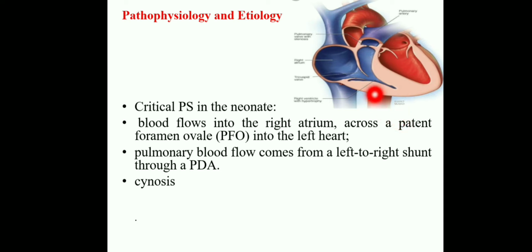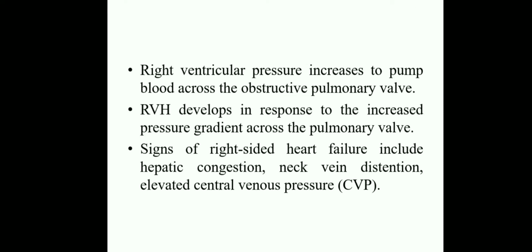In the neonates this is happening, and because of that the child suffers with cyanosis. Along with that, the right ventricular pressure is increased to pump blood across the obstructive pulmonary valve. So the right ventricular blood flow is obstructed in the blood flow across the obstructive pulmonary valve.